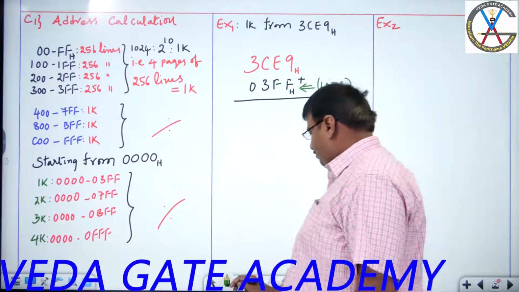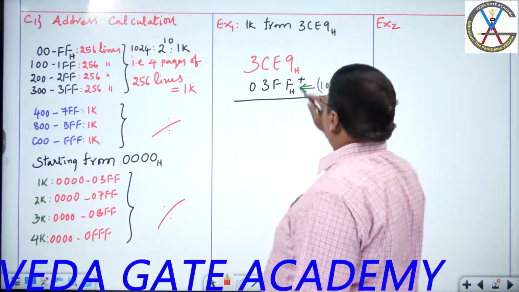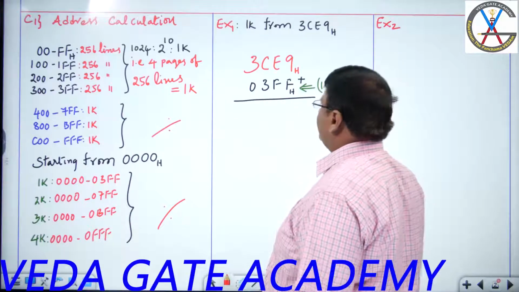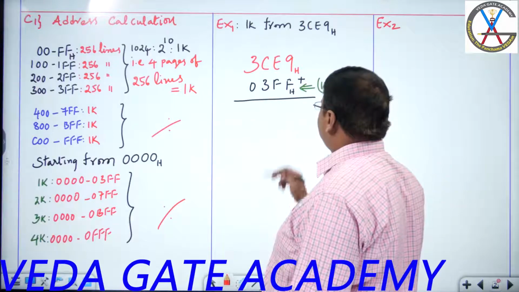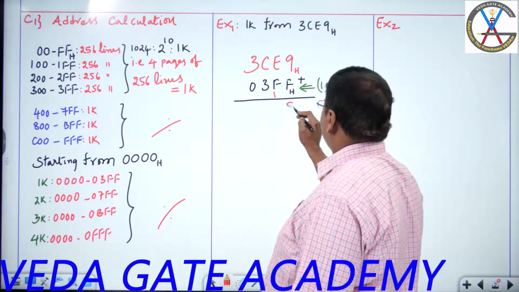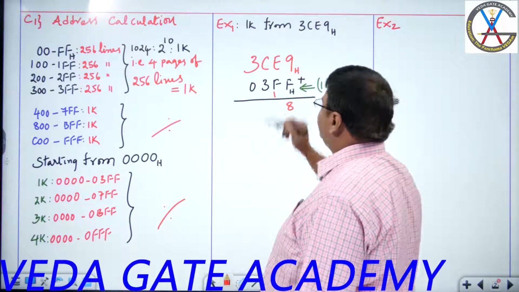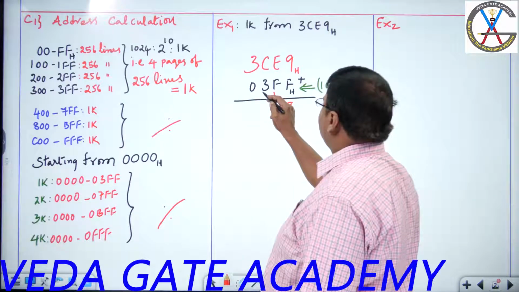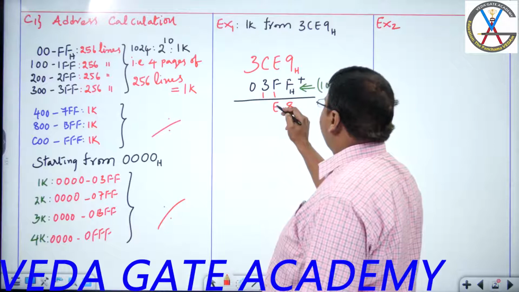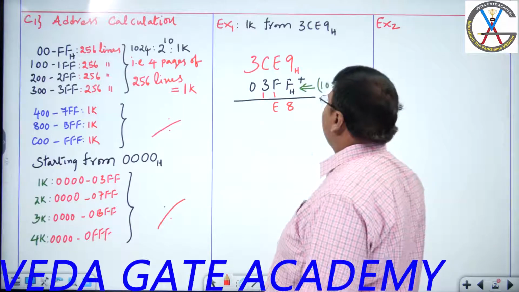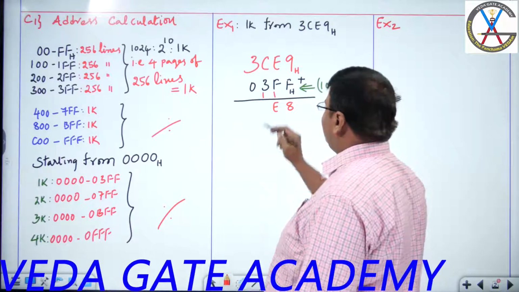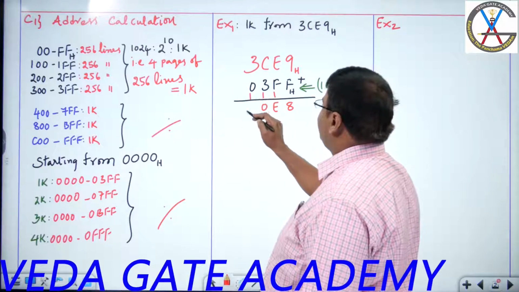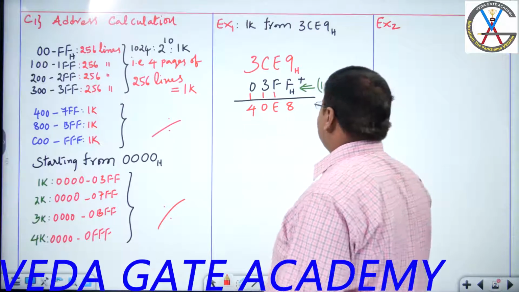Make an addition. 9 plus F, 24. 24 is 16 plus 8, so 1, 8. Then E plus 3 is 17, plus 1... so 16 plus 14, 30. 30 is 16 plus 14, so 1, 14, and 14 is E. So C plus 3 plus 1, C plus 4, 16. 16 is 1, 0. So 3 plus 1, 4. So 40E8.